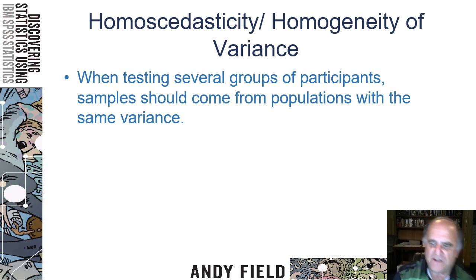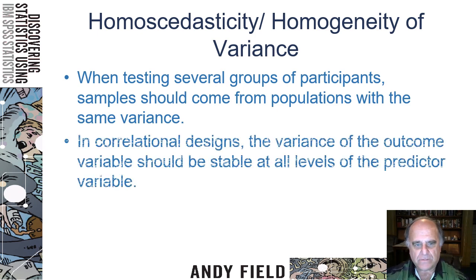So it's just saying different groups should have the same variance. And in correlational designs, the variance of the outcome variable should be stable at all levels of the predictor variable. That's really the homoscedasticity assumption, that at different levels of the predictor variable, the outcome variable variance is stable.